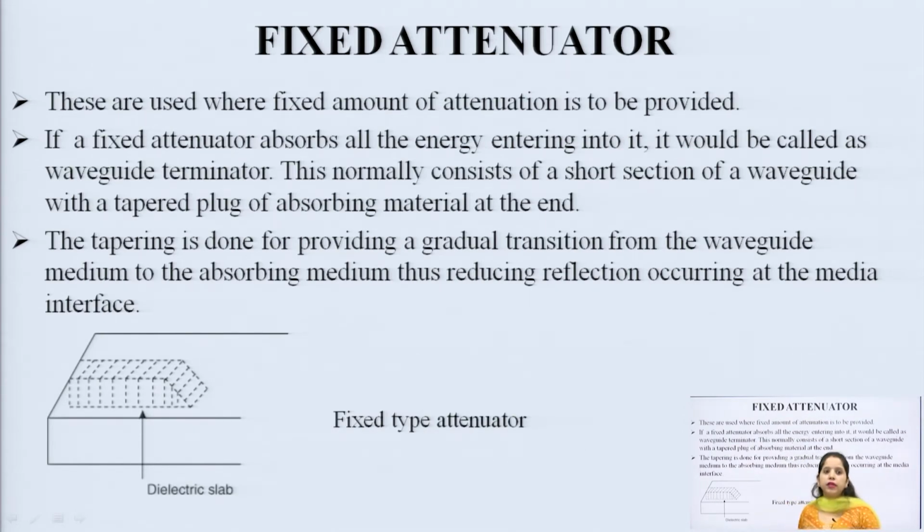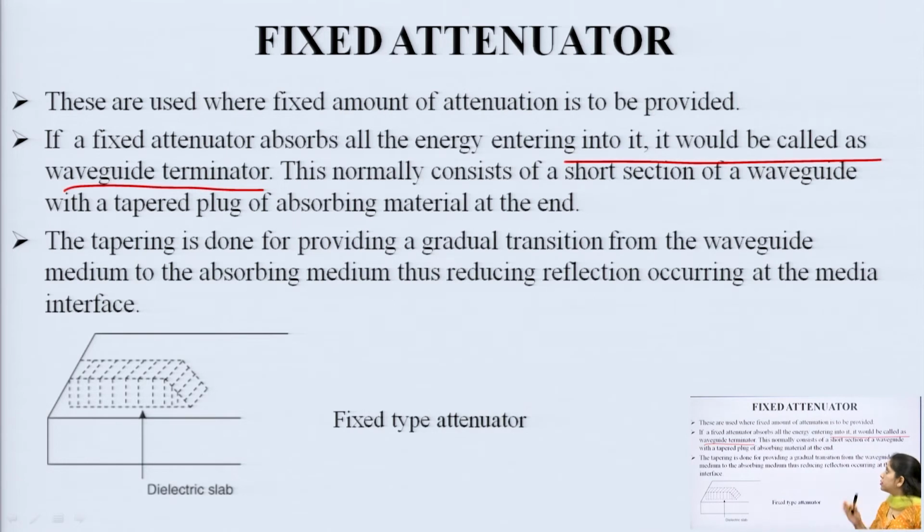So, this is one of the fixed attenuator structures. They are used where a fixed amount of attenuation is to be provided. We are not able to change the attenuation once it is installed in our system. If a fixed attenuator absorbs all the energy entering into it, it is called a waveguide terminator.